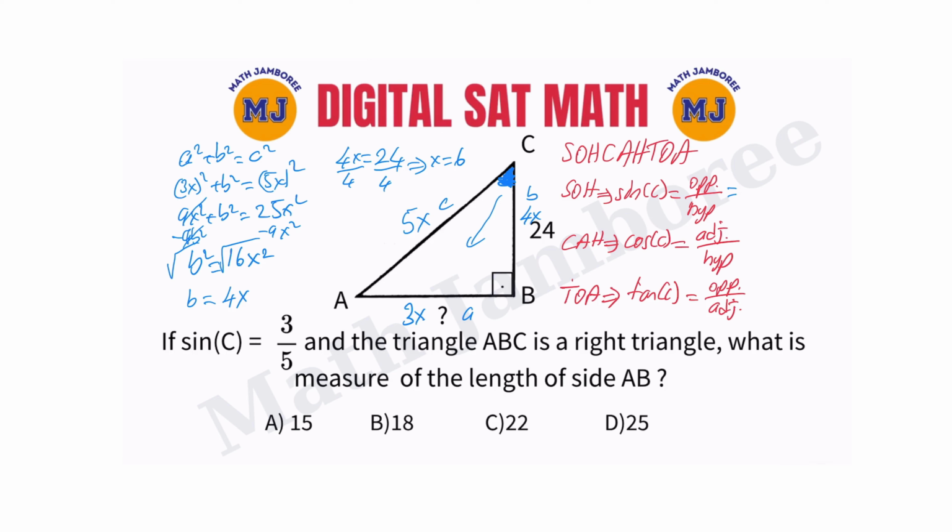If x is 6, we're looking for AB, the length of AB is 3x, which is 3 times 6, which is 18. So choice B will be the correct answer for this specific question.